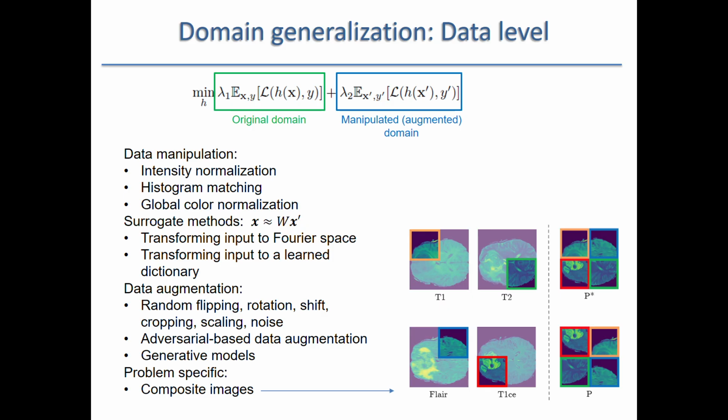So for instance, in MRI, magnetic resonance imaging, where we have multiple ways to collect the data, we can use patches coming from the different kinds of domains to have some kind of composite images, so the network cannot be very specific to the modality that we are training on. So all these strategies work at the level of data, manipulating data and trying to get the same labels.